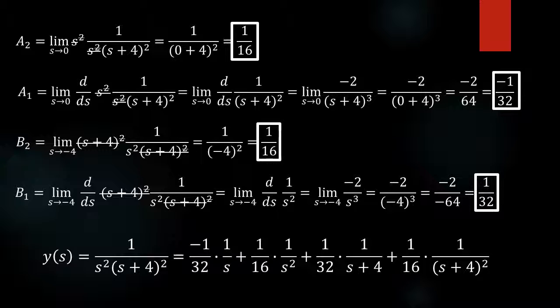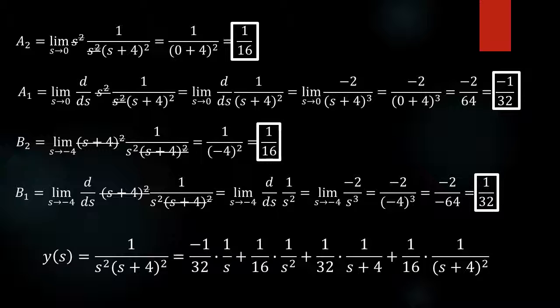The last value that we want to know is B1, which is equal to the limit when s tends to minus 4 of the derivative with respect to s of (s + 4)² times the partial fraction. The terms of (s + 4) are eliminated.